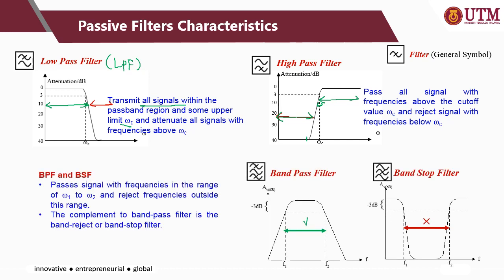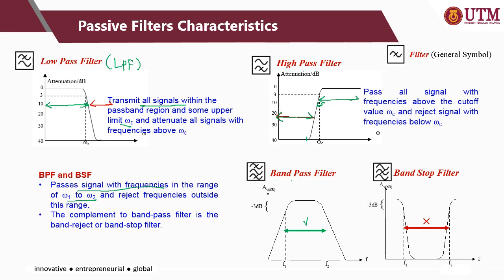And next is the band pass and band stop filter. So for the band pass filter, it passes signals with frequencies in the range of omega 1 to omega 2, or from f1 to f2, and rejects frequencies outside this range, while the band stop filter is basically the complement of the band pass filter, where it rejects the signal within the specified frequency band between f1 and f2.